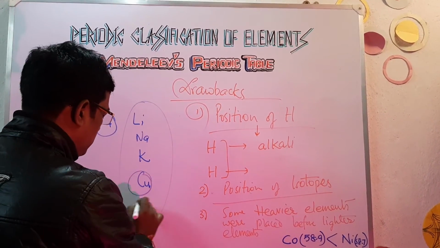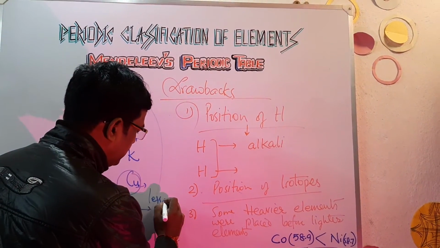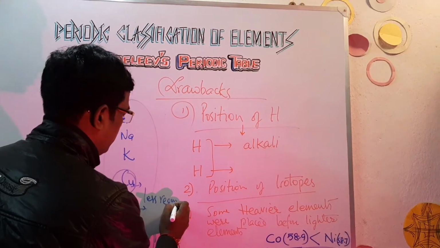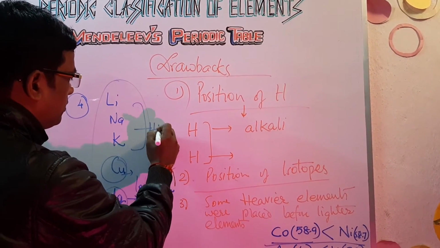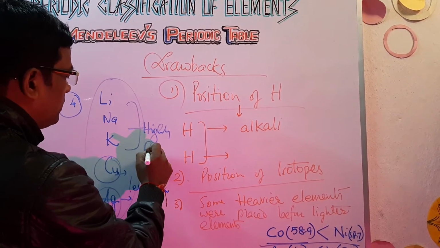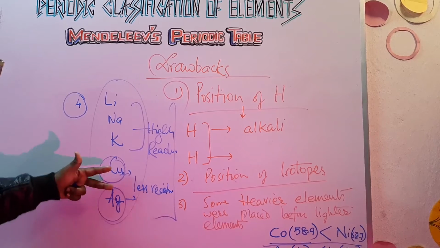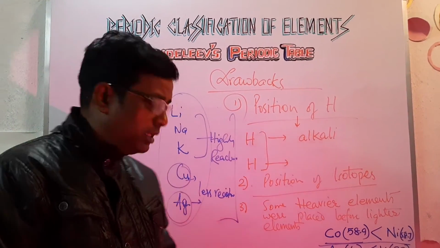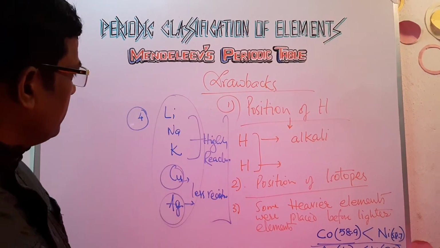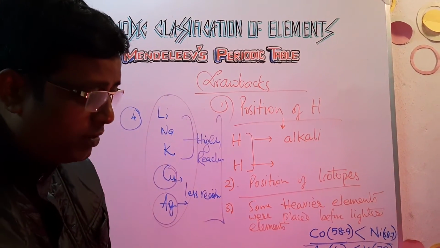Although copper and silver are very less reactive, whereas these are highly reactive alkali metals. So there was a total mismatch in terms of property, but still he arranged copper and silver along with group 1 elements lithium, sodium and potassium. That's one of the major drawbacks.